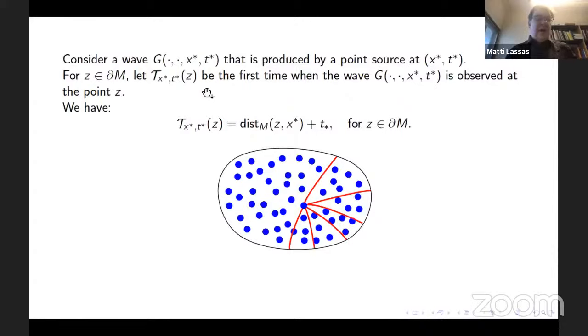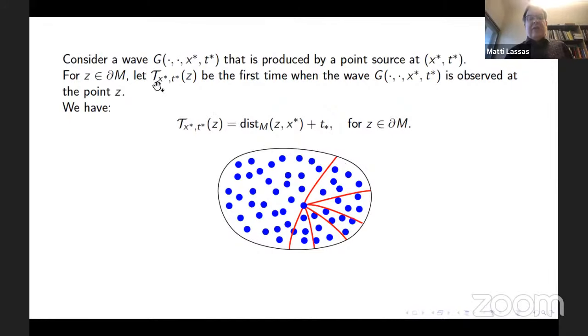Let us assume that we have some domain where there are lots of point sources that can go off at some time. And when a point source goes off and produces a wave, we ask: what is the time when we observe the wave at some boundary point z?